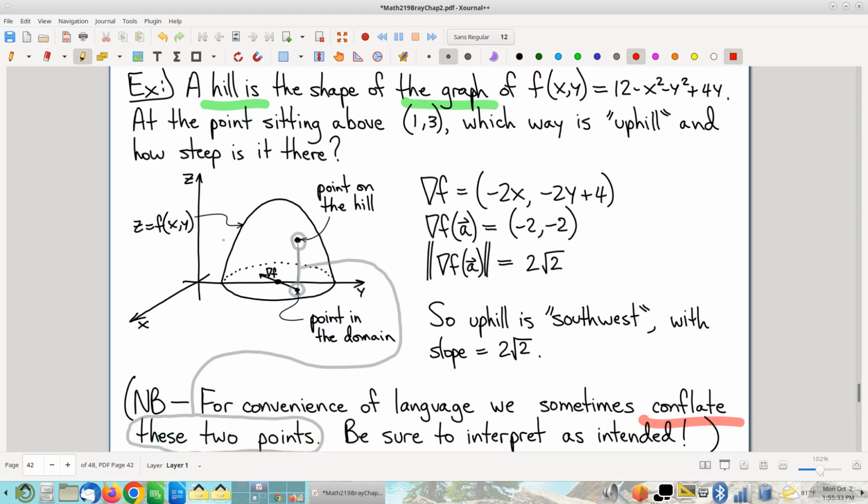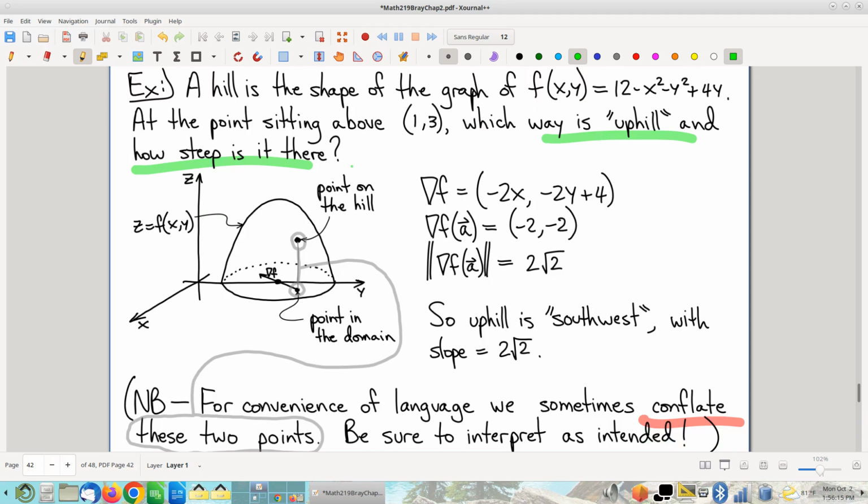Okay, with that in mind, the question is asking us which direction is uphill and how steep is it at that point. Now let's rephrase the question before we get into it. Which way is uphill could be rephrased as which way on this graph would have me climbing up the hill the fastest, which could be rephrased as which direction at this point is it the steepest, which could be rephrased as, what's the direction of steepest ascent?